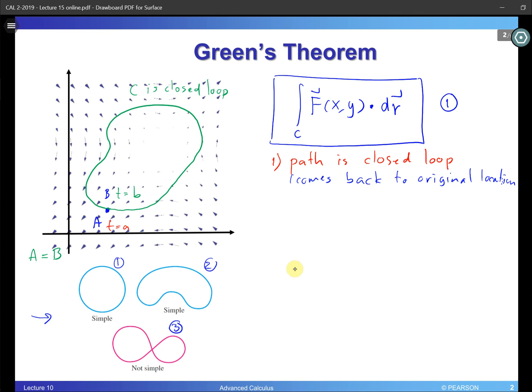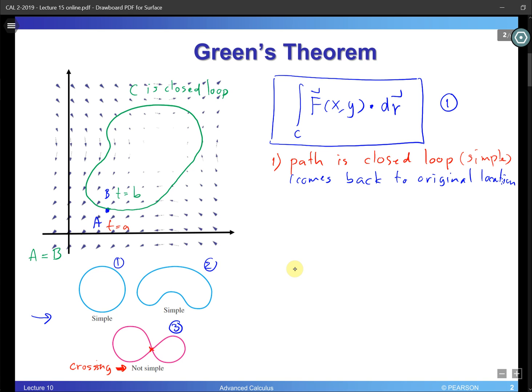So if you notice some crossing of the path like this, then it's not simple. We don't consider this not simple case. We only consider 1 and 2, just the simple ones. So closed loop, and it has to be simple. This is the condition that we need.